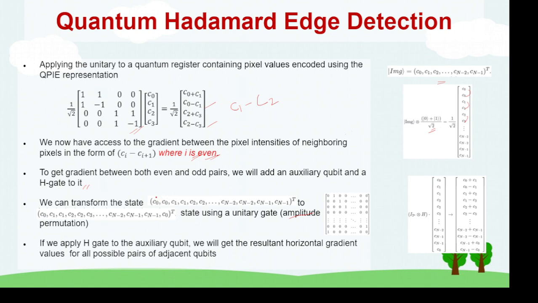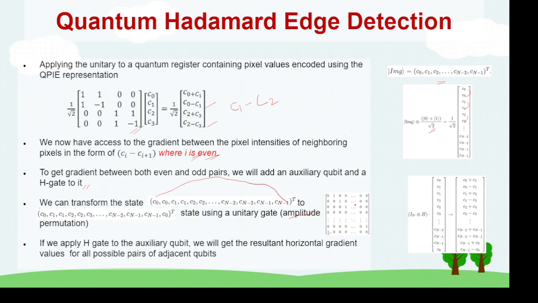One C0, we are shifting to the end with the help of this amplitude permutation unitary matrix. How to get this? In the first column, the last element should be 1, and from the next column onwards, you just start from the first one and move on to second, third, like that. This is easy to implement with simple gates. We will see later how to do that.